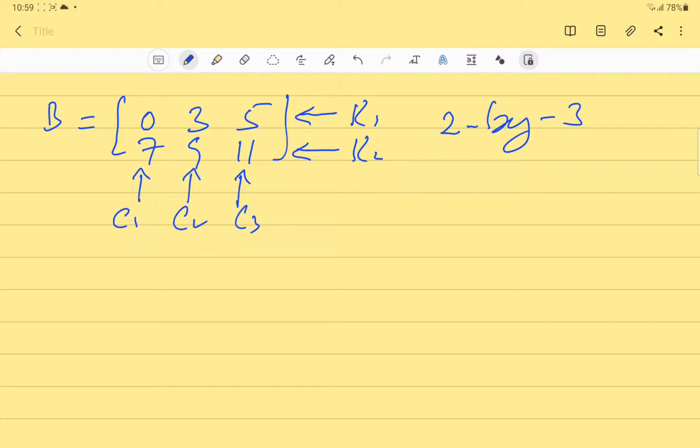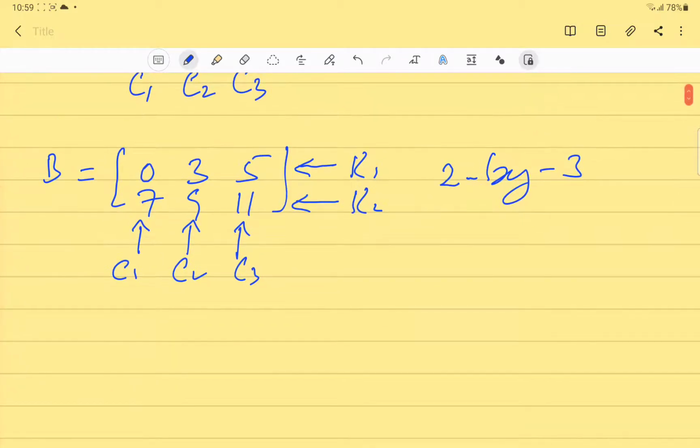So it is very clear to us now what a matrix is. All the entries presented in a vertical way are called columns. These are all called columns. 0, 7 is the first column, 3, 9 is the second column, 5, 11 is the third column.